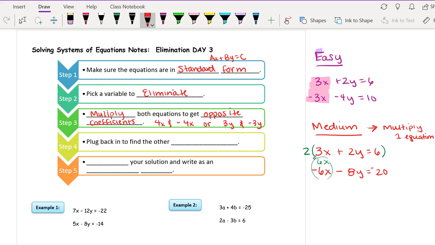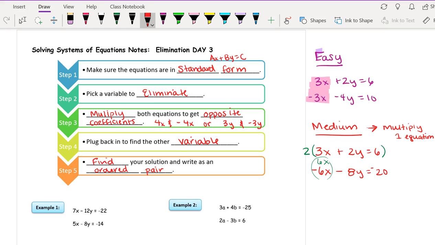Opposite coefficients for the same variable. After we eliminate and solve, we're going to plug back in to find the other variable. And then as always, find your solution and write it as an ordered pair.